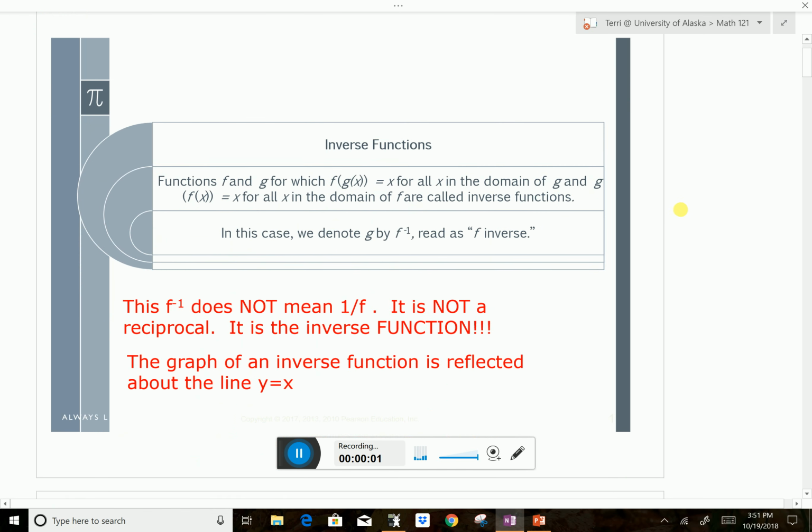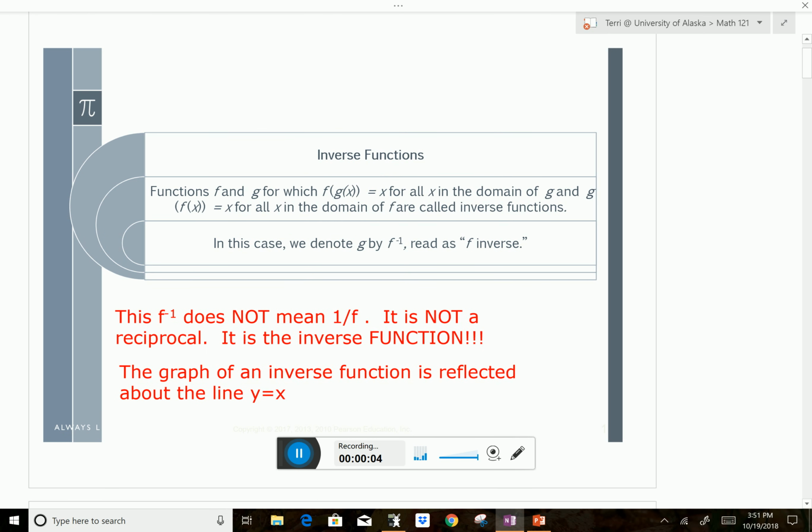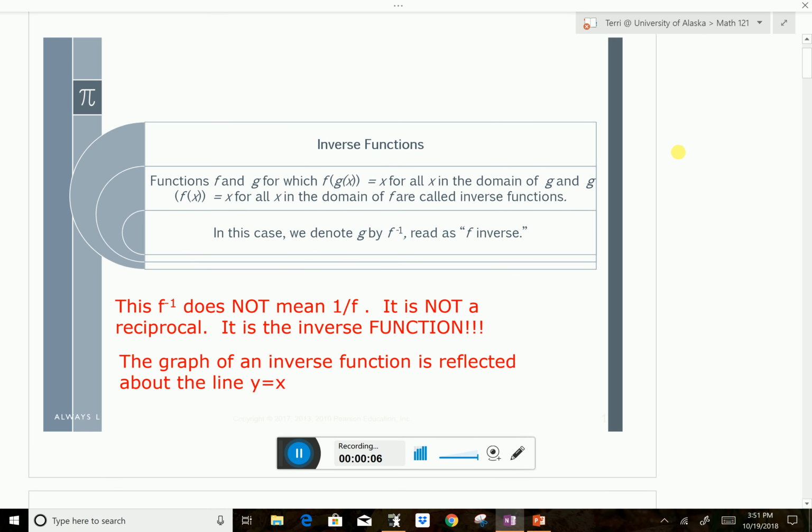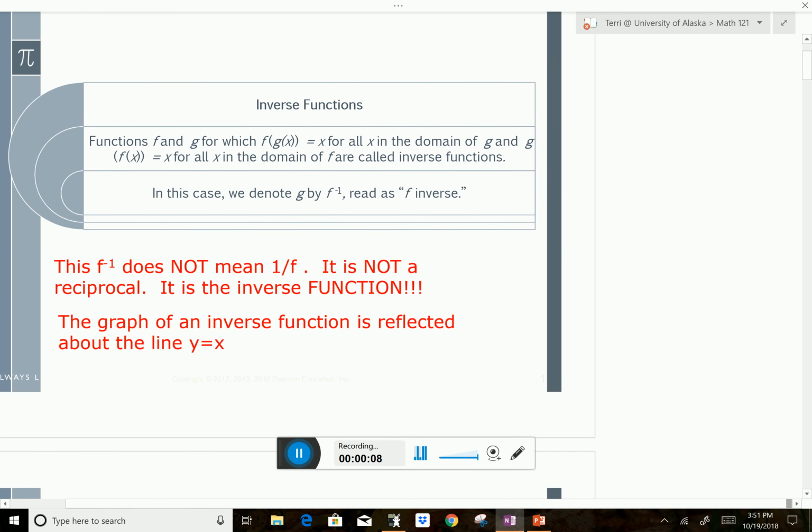All right, let's talk a little bit about inverse functions now. So we talked about composite functions last time, and so you'll notice that if I take a function of a function and I get back x again, and that works for all the x that's in the domain.